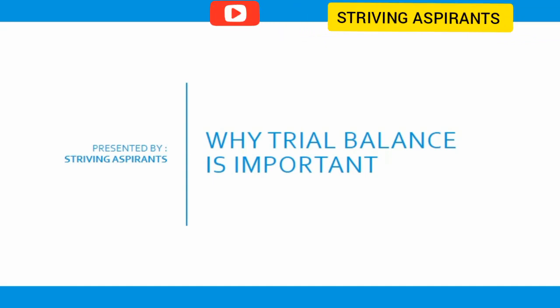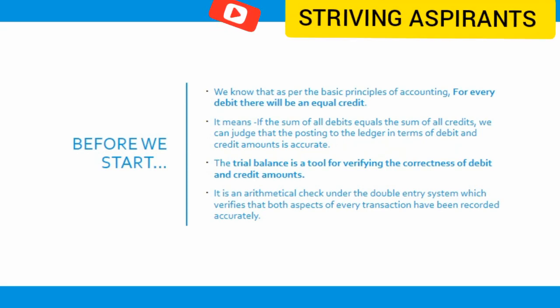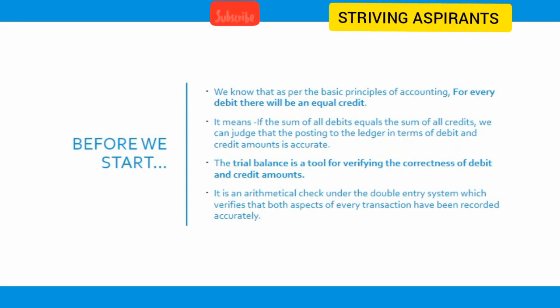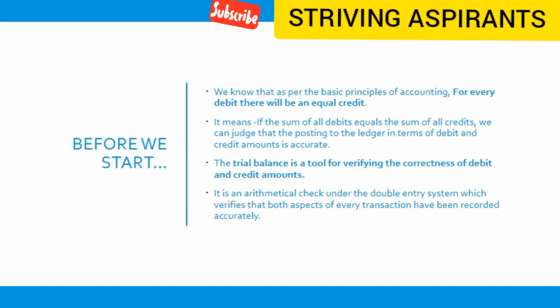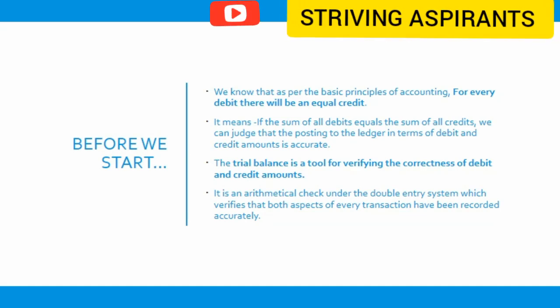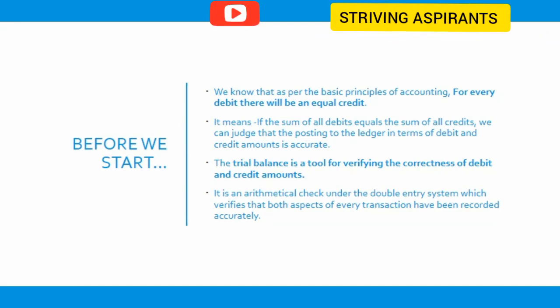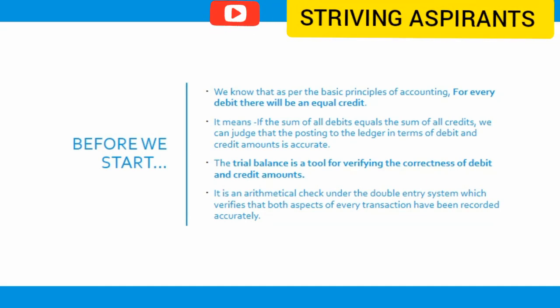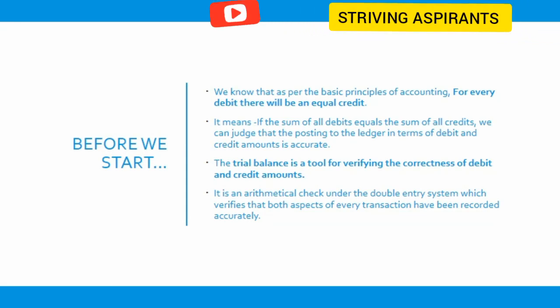We know that for every accounting transaction, there will be two aspects. One aspect will be giving aspect and another will be taking aspect. In other words, we can say there will be a debit and there will be a credit. To start to talk about trial balance, we have to look into debit and credit.